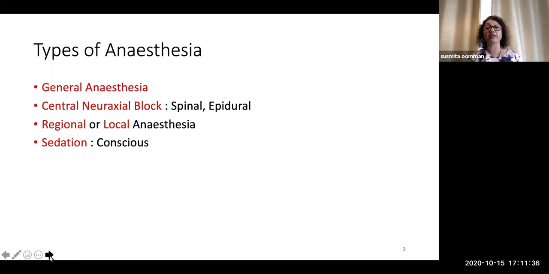This is called the spinal, and it is very popular for procedures from the umbilicus downwards, for cesarean sections, and for orthopedic procedures, hip and knee replacements, etc. Epidural is a variant of a spinal.